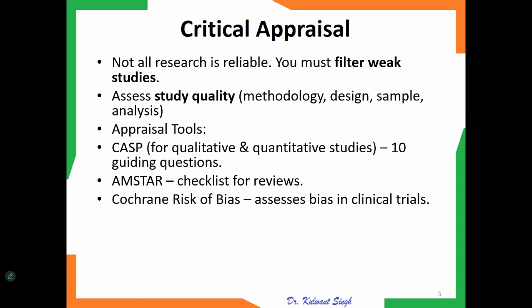Suppose you have review papers, then the quality of those reviews we will check using the AMSTAR strategy. Both are short forms of a detailed strategy. And third is the Cochrane Risk of Bias, ROB. Here we will check any bias in clinical trials or any experimental study.